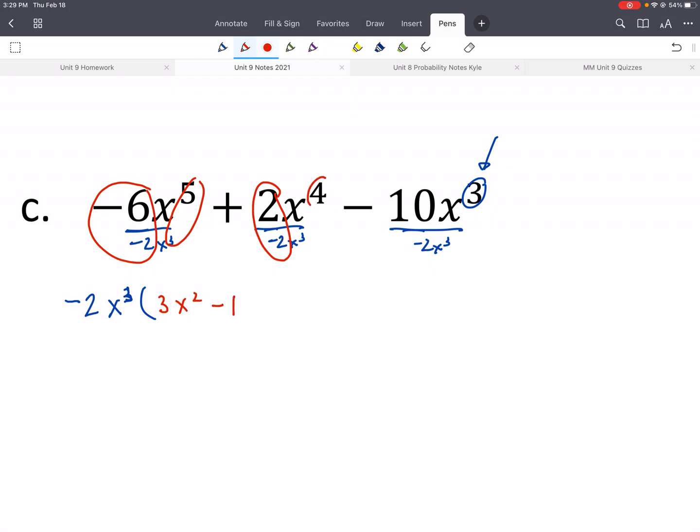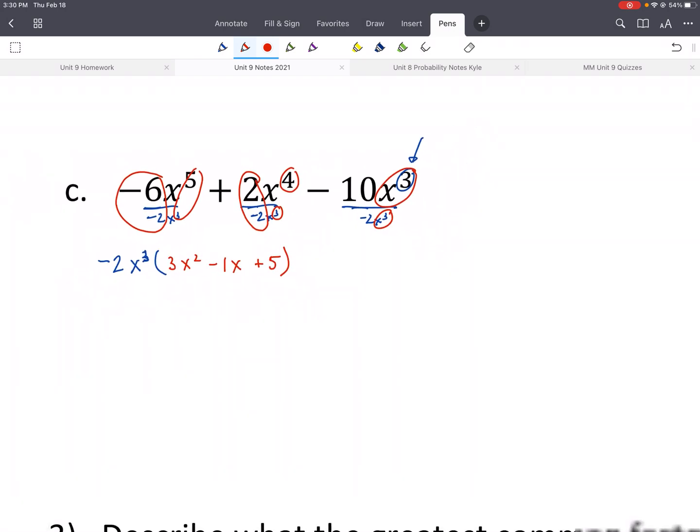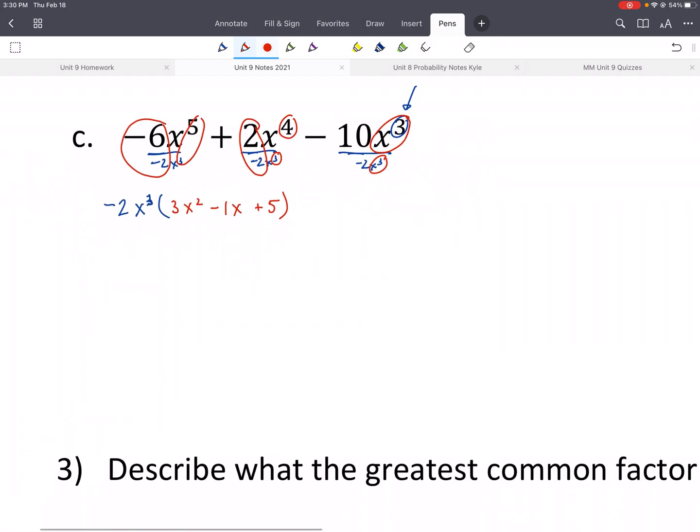And then we have 4 x's, but we're going to take away 3. That leaves us with 1x. And then we'll divide our coefficients. That gives us a positive 5. And if we have 3 x's and we take away 3, then there's none left. Okay? So we learned how to do that, taking out the greatest common factor.